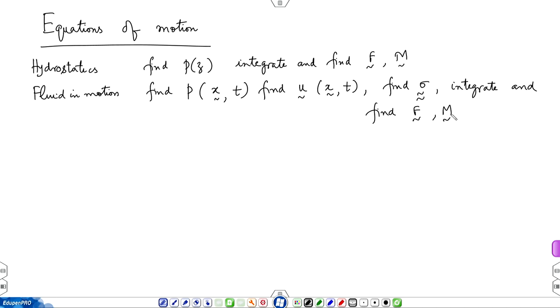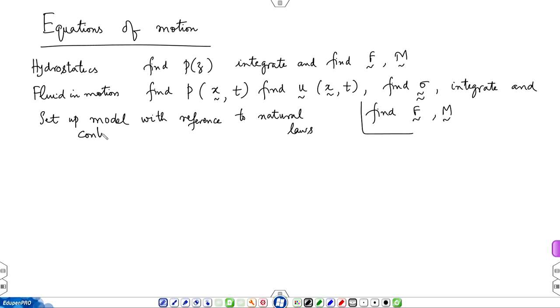So, set up the mathematical problem or the model with reference to natural laws, which at the continuum scale would be conservation of mass, Newton's second law of motion.